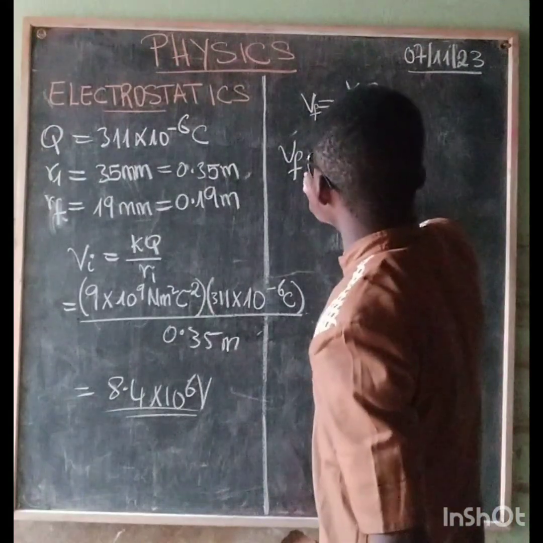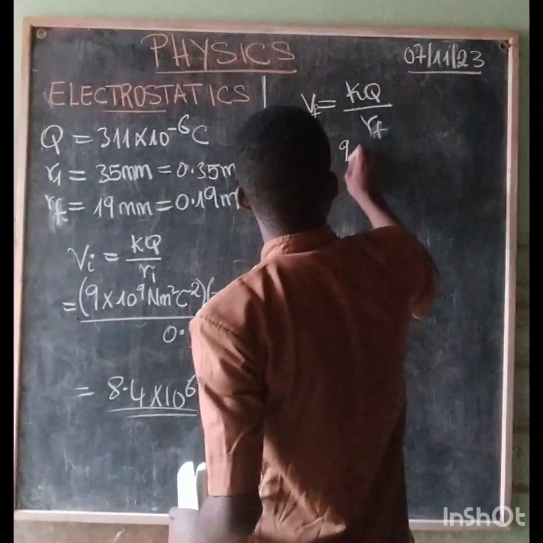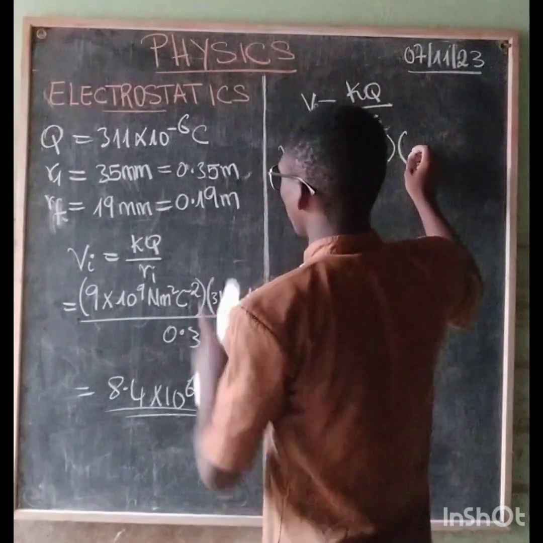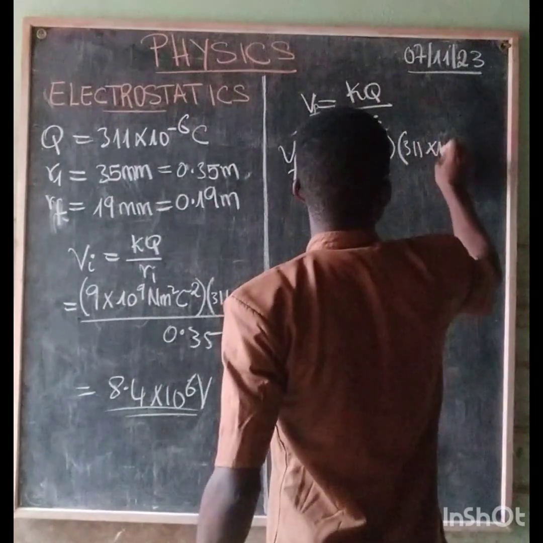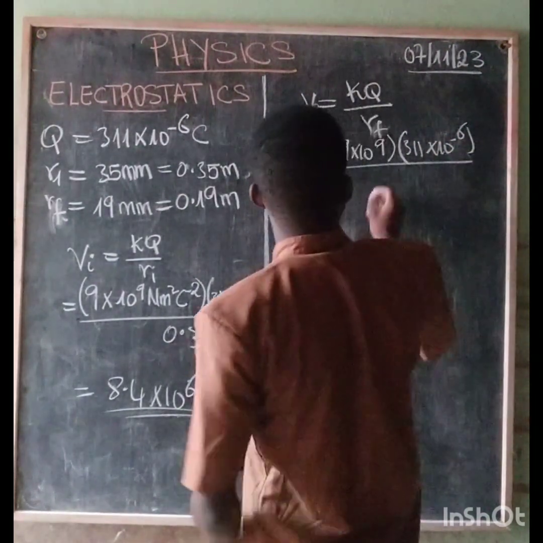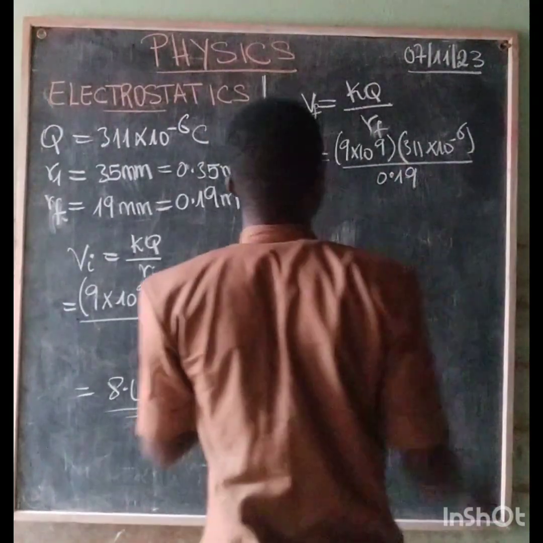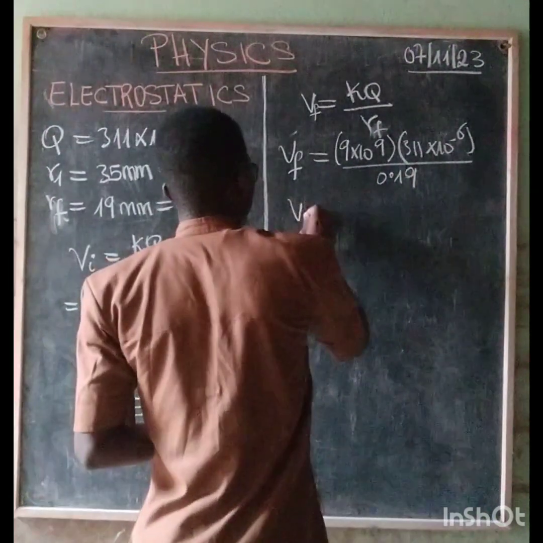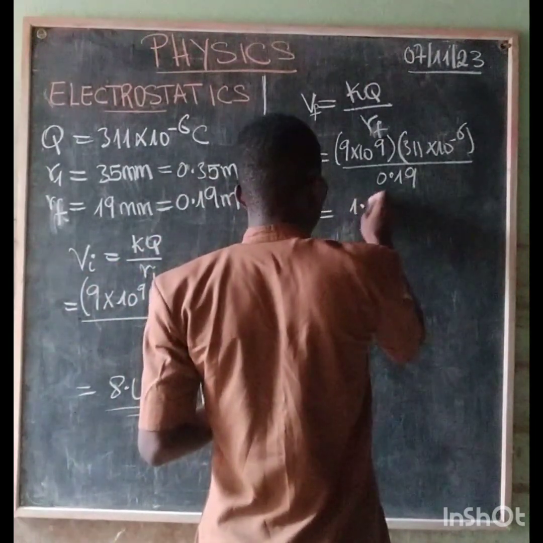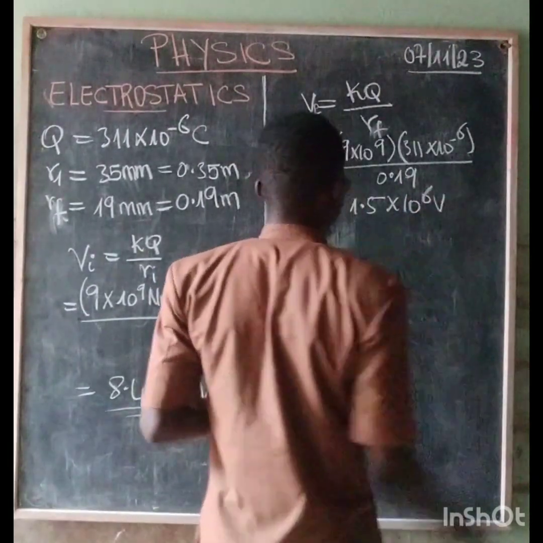So I'm going to have the final electric potential as 9 times 10 to the 9 times Q, 311 times 10 to the negative 6, divided by 0.19 meters. And we have the final electric potential as 1.5 times 10 to the 6 volt.